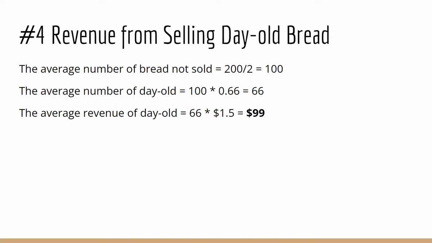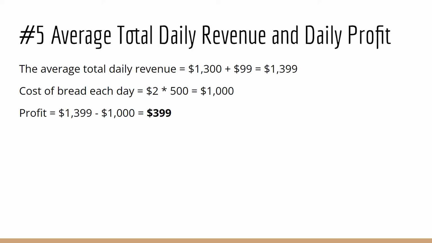Because we are considering all days, we have to multiply this by the probability of not incurring the shortage, which is 100 times 0.66, which is 66 bread. So the average revenue from selling day old bread is 66 bread times $1.5 each, which is around $99.